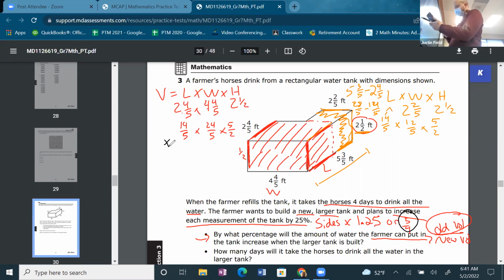So what's 14 times 5/4? 14 times 5 is 70. Then 24 times 5 is 120. Then 20. And then we're multiplying all these things by 5/4 times 25/8. All right, and then we're going to do 70 times 120 times 25.